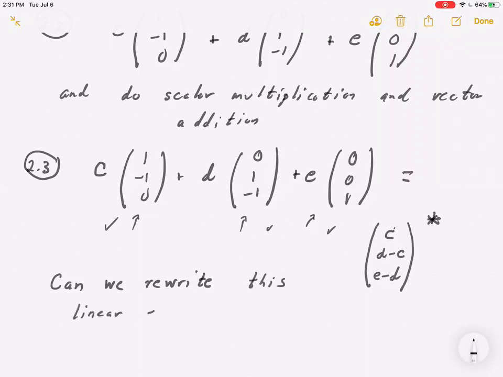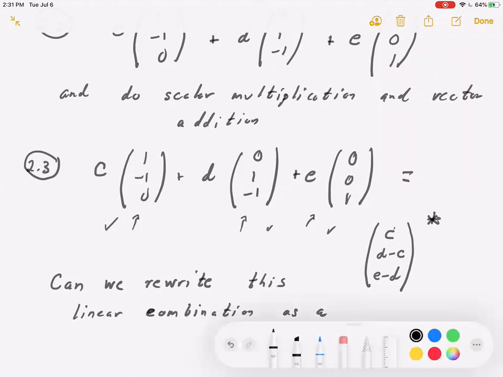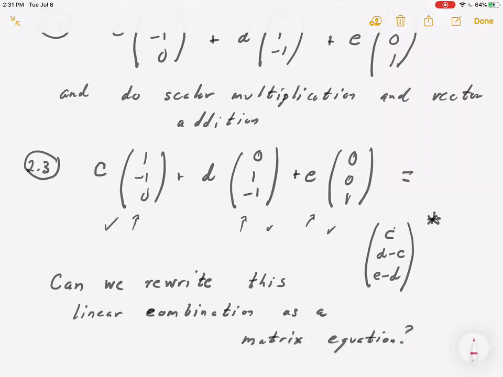That's the question being posed at the moment. Can I rewrite this linear combination as a matrix equation? And the answer is yes.